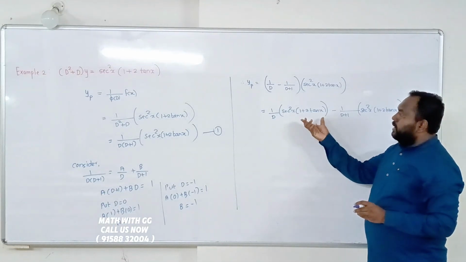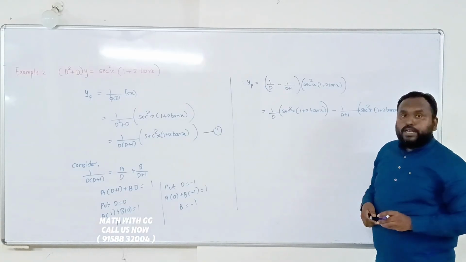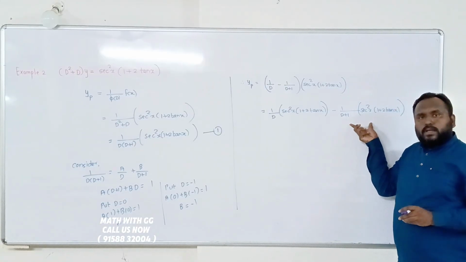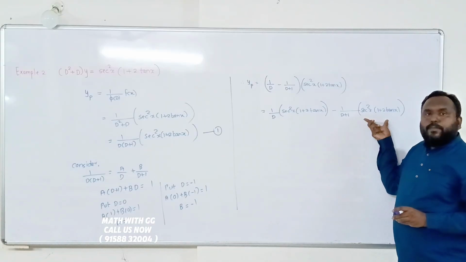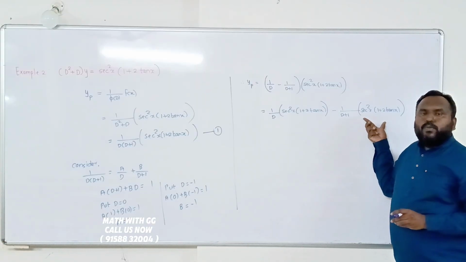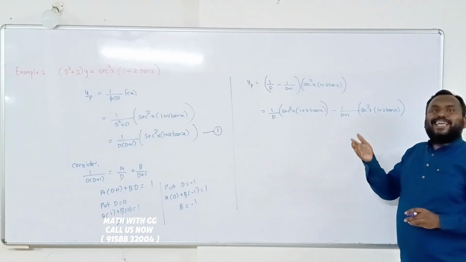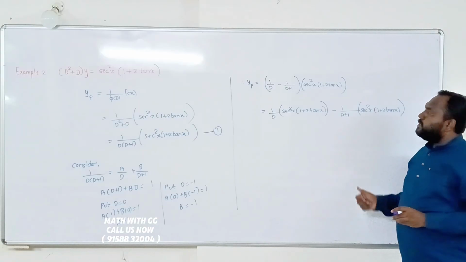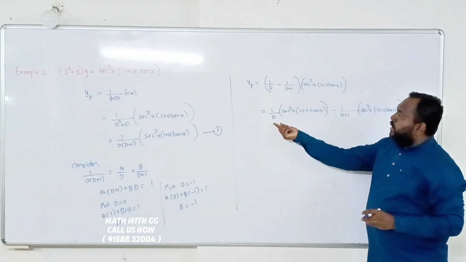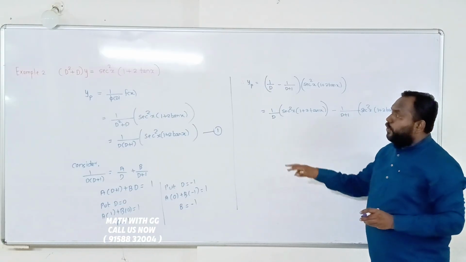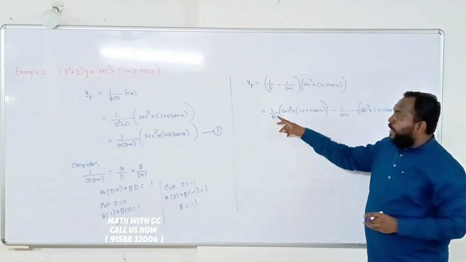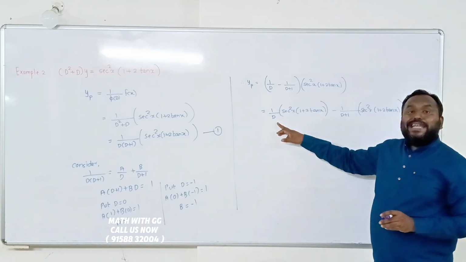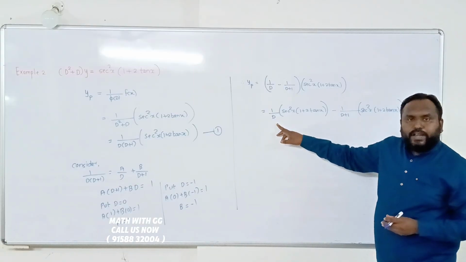Now, we'll consider the formula for the general method. If you observe the second term, it is 1 upon D plus 1. So, we have to use the formula 1 upon (D plus a) f of x equal to e raised to minus ax integration e raised to ax f of x dx. Whereas, if we are having only D, now what is D? D is the derivative operator. Hence, if 1 upon D is there, it is integration, the inverse operator of derivative.